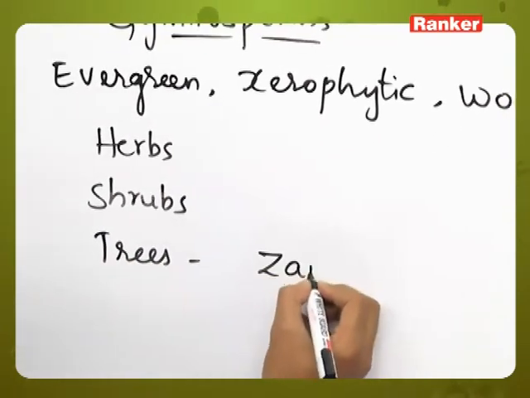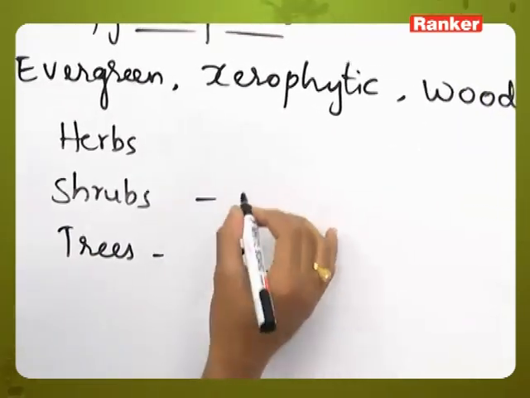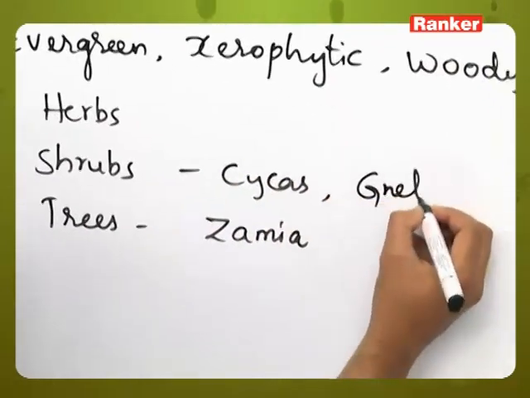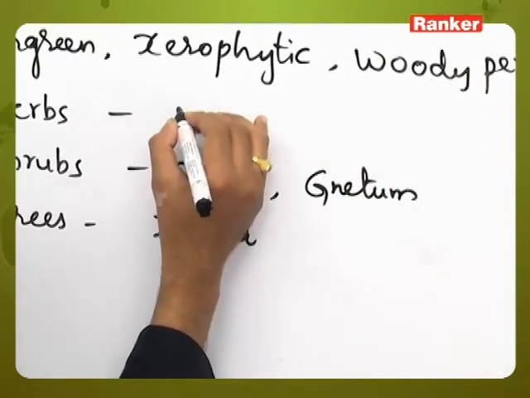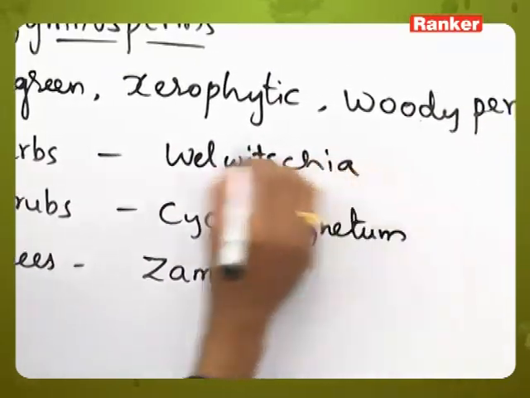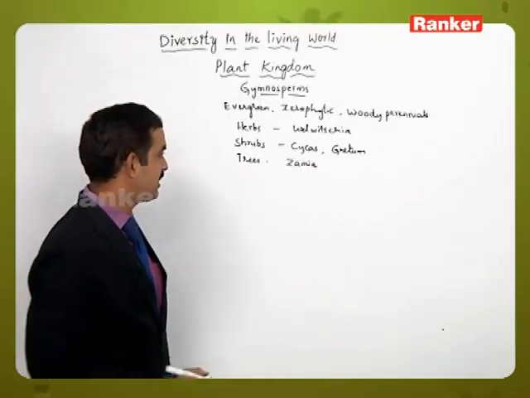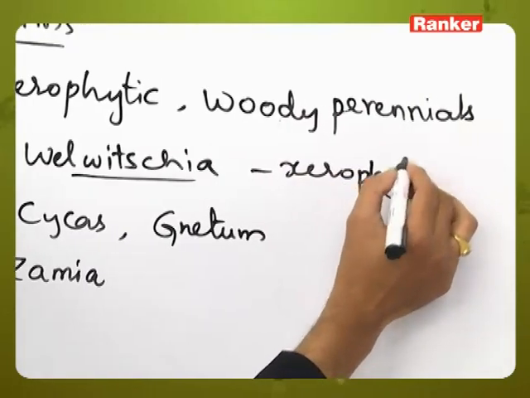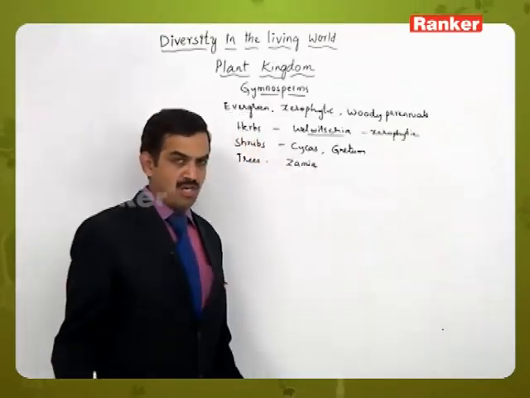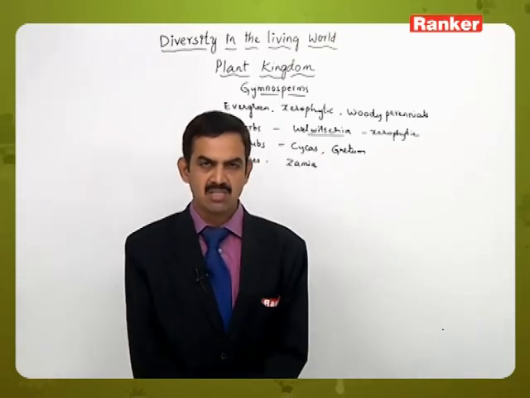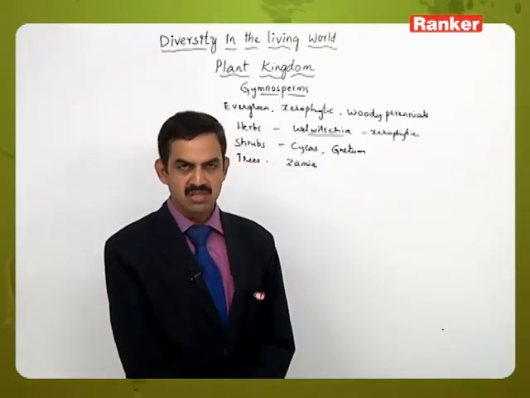Trees like Zamia, shrubs like Cycas, others like Ephedra, herbs like Welwitschia. So a lot of diversity can be seen, and Welwitschia exhibits xerophytic adaptations. Not only Welwitschia, there are many members of gymnosperms showing xerophytic adaptations.